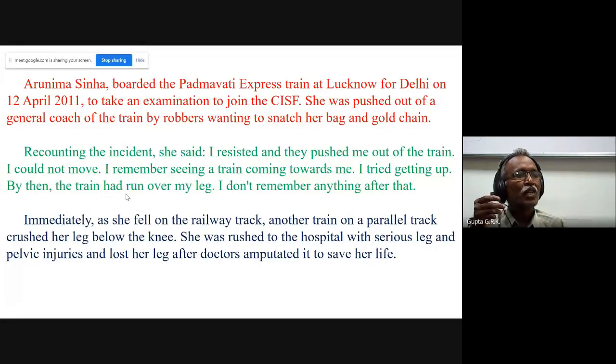So in the morning, some people moving around saw her and took her to the hospital with serious leg and pelvic injuries, and she lost her leg after doctors amputated it to save her life. Otherwise it would have become septic, and she would have died if it was not amputated.